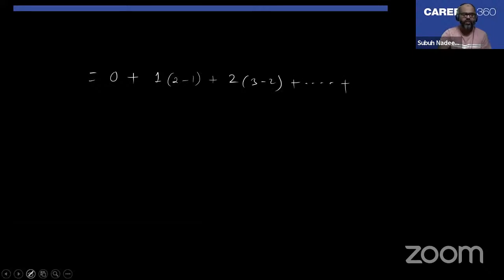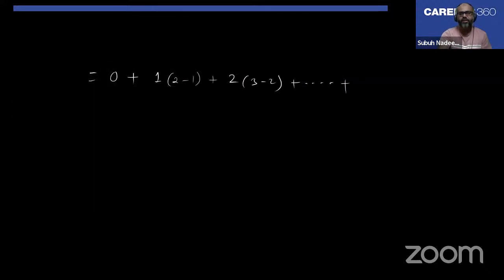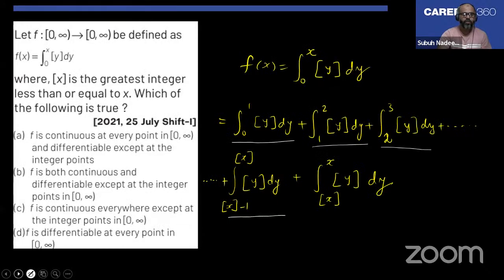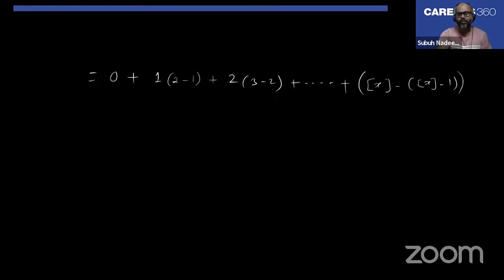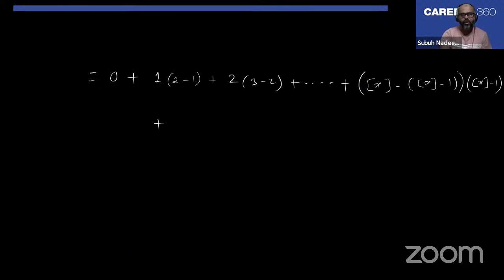And it goes like this, and it is greatest integer of x minus 1 into greatest integer of x minus 1, plus greatest integer of x to x, greatest integer of y dy.